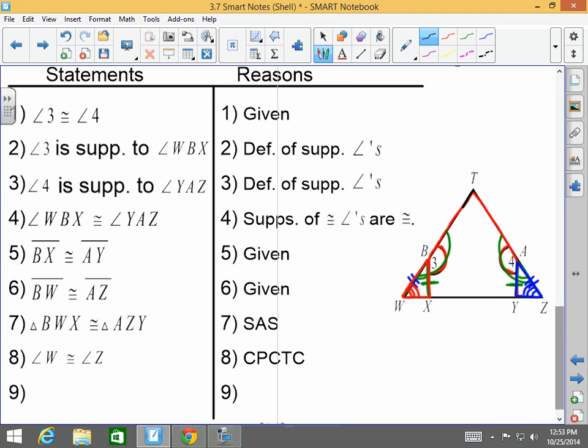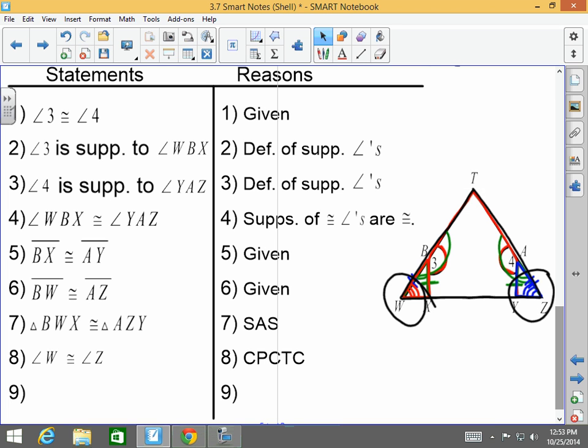In this whole triangle WTZ, my base angles are now congruent. So I know that my large triangle outlined in black, triangle WTZ, is isosceles. Why? Definition of isosceles triangles.